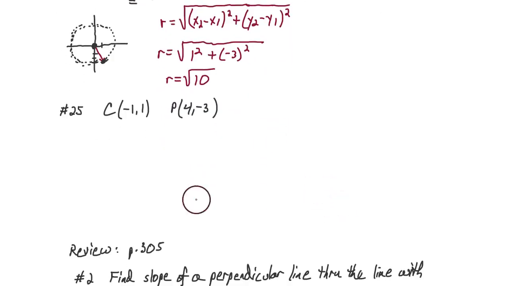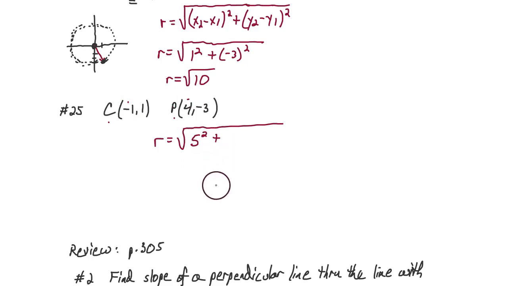Number 25 is the same idea. If we want to find the radius, that simply means the distance between the center and that point that's on the circle. Let's use the distance formula to get radius. So it's a square root, and then we're going to find the difference of the x's. From -1 to +4, that's 5 units.